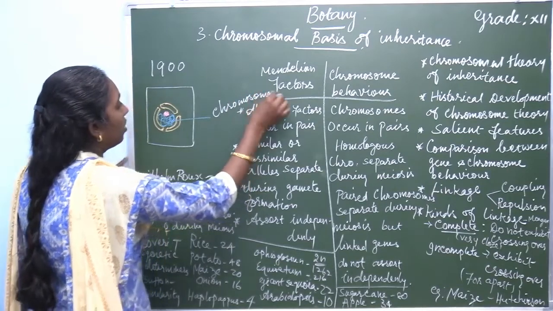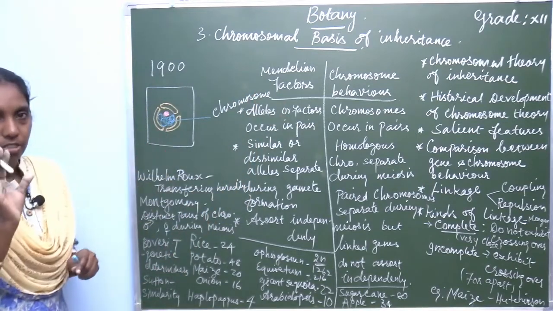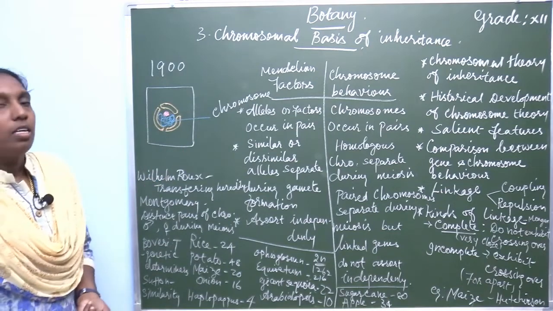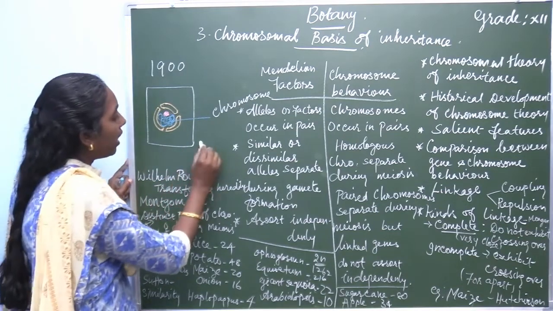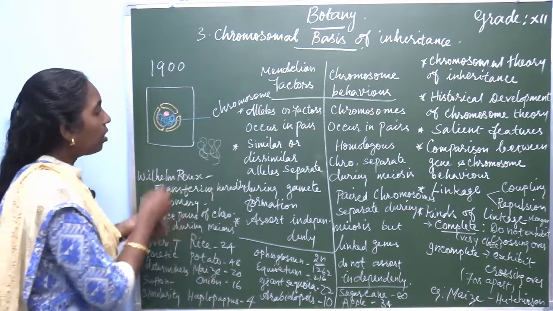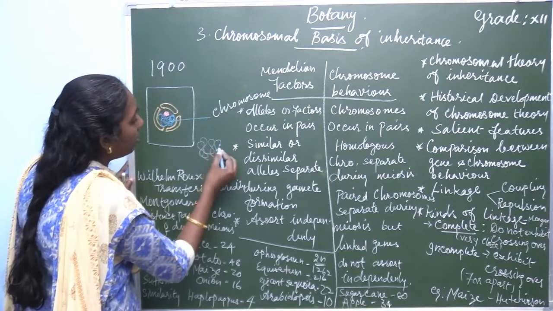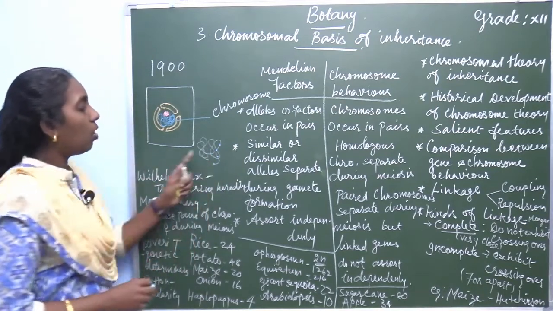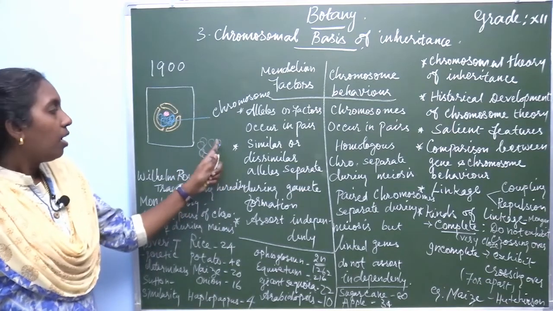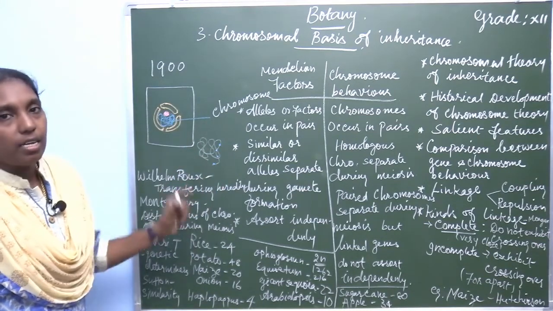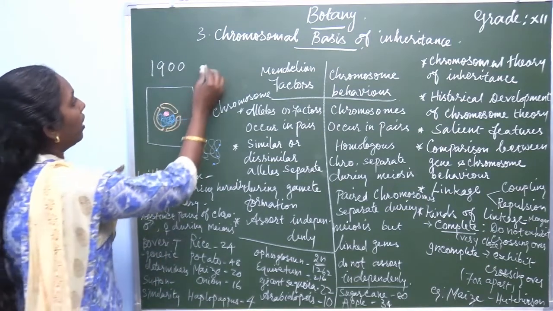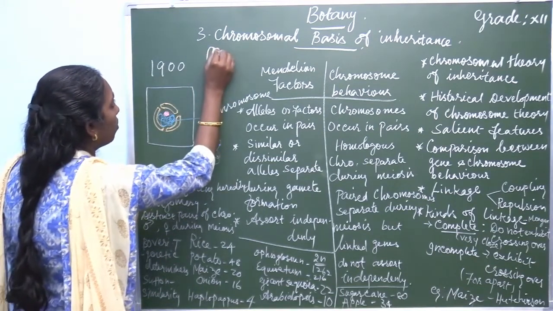Chromosome. The name of these worm-like structures found in eukaryotic cell is chromosome. These chromosomes carry genes. These genes are located at a particular position or locus, and they are arranged linearly in the chromosome.